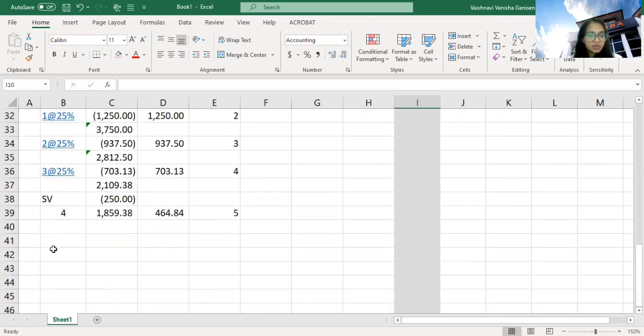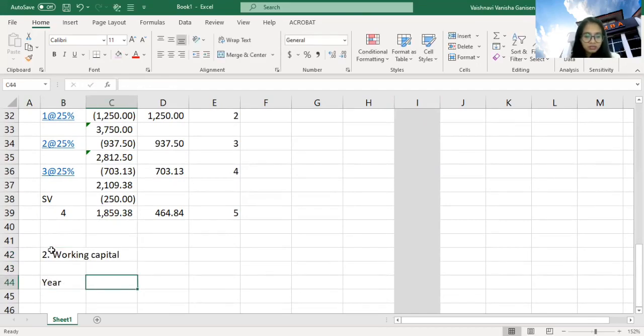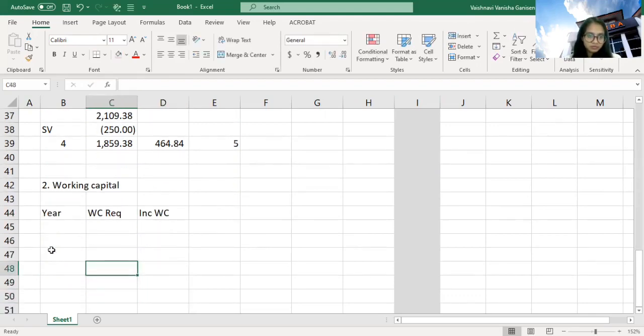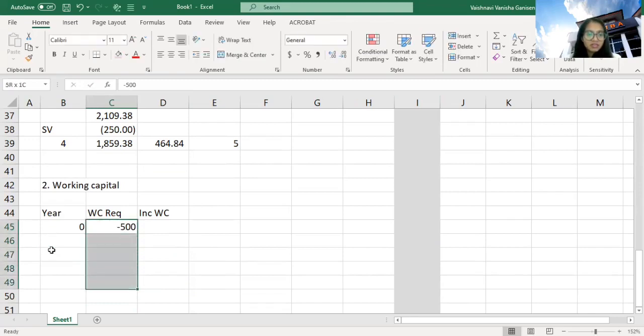Okay, let me just go down here. Working number 2, working capital. So you have year, working capital requirement, incremental working capital. In year 0, your working capital requirement is 500,000.